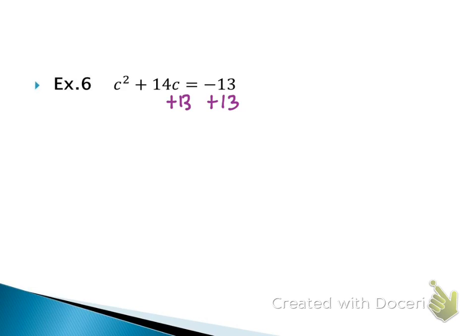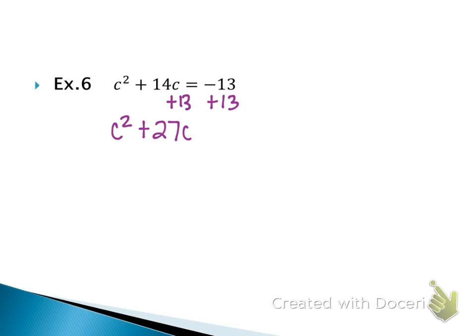Now this is where it's going to get a little bit tricky for some people. Not for all of you, hopefully not for any of you, but I've seen it happen in the past. We are going to have a c squared. Most people get that part right. And then in the past, I've had some students tell me that this would then be 27c.